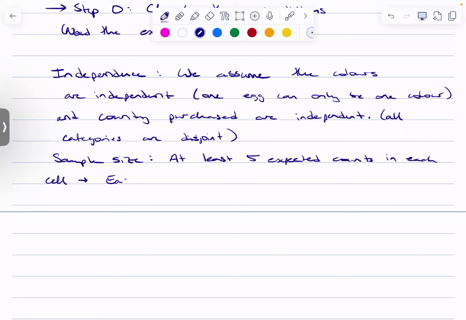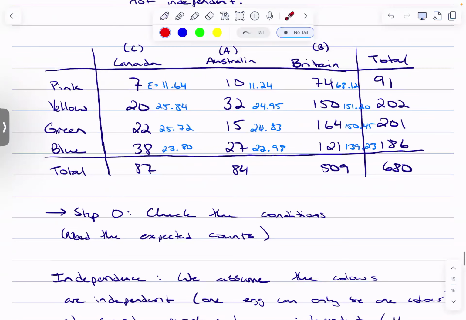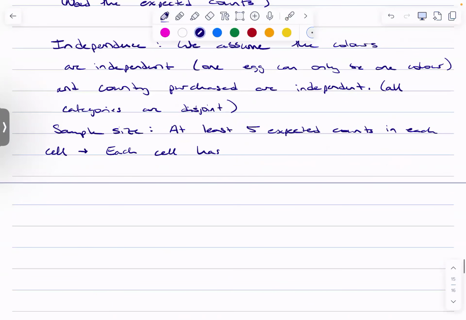Right, we see that each cell has, what's our smallest one? At least 11, right? And so it's satisfied. Has at least 11 expected. So it checks out.